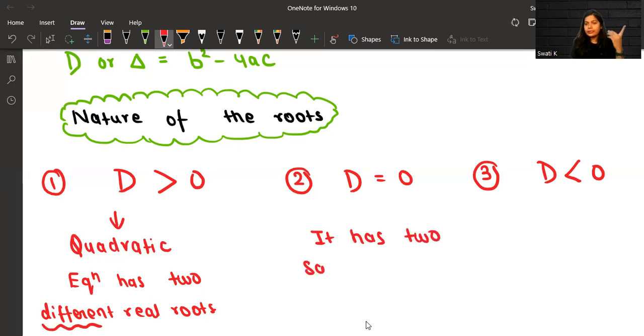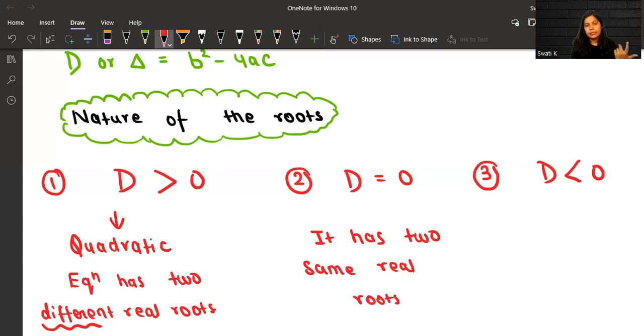Or we can say that it has a unique real root, it can be said one also. The only difference between both of them is that when the discriminant is greater than 0, it has two different real roots, but when the discriminant is equal to 0, it has only two equal real roots, or two same real roots.